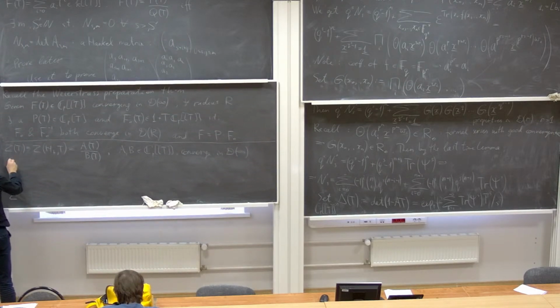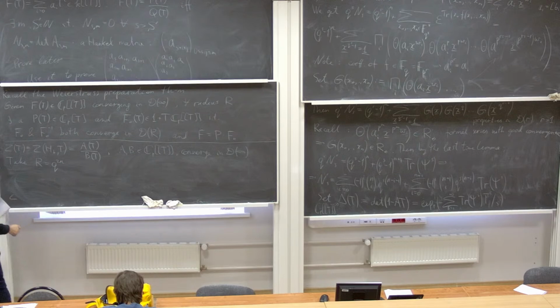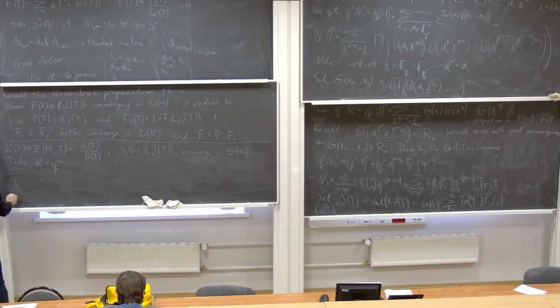Okay, and let's take the radius, for example, q to the power 2n. N was our dimension. So h_f was in a hypersurface.